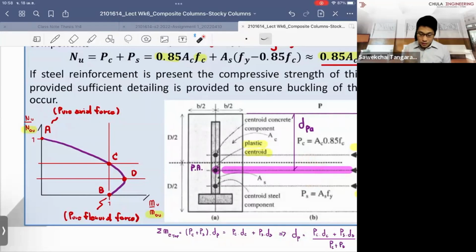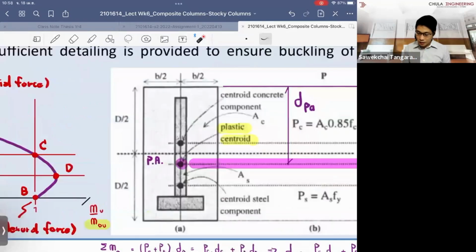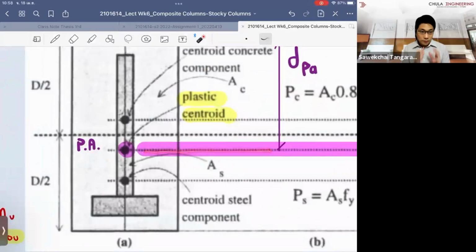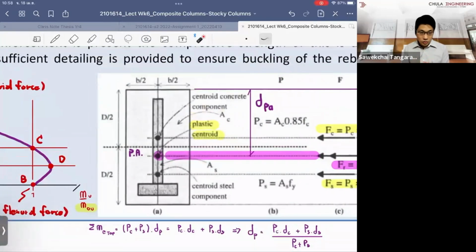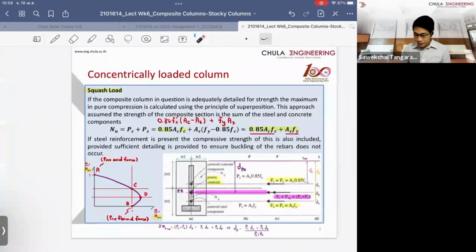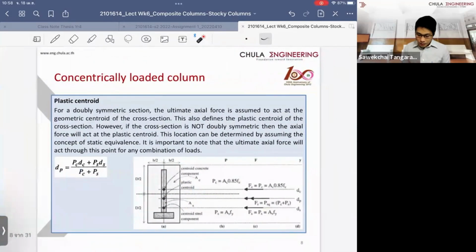We also use this as the reference point to calculate the eccentricities of the column. I emphasize this because we use this concept throughout the short column design. They give some definition of the plastic centroid here as well.